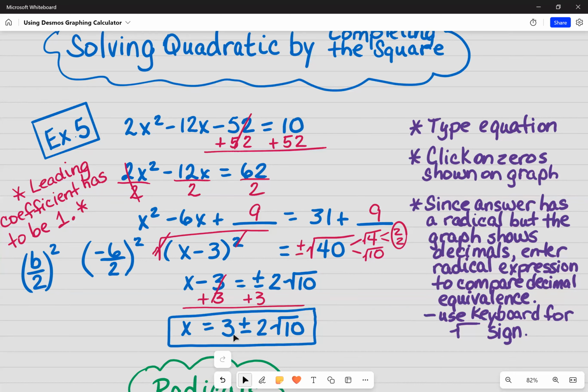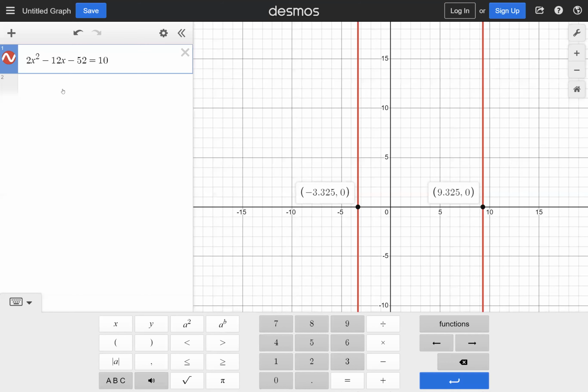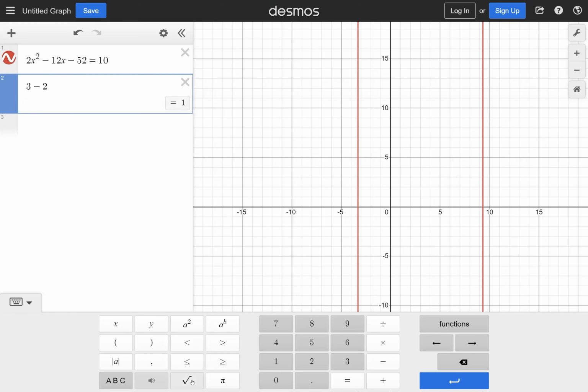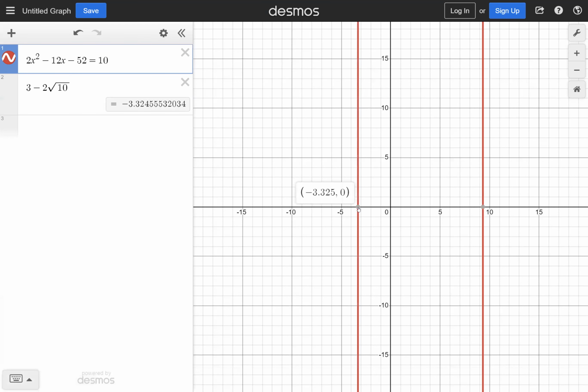What I am going to do is take the answer that I am trying to verify and type that in to see if I get the same decimal. So I'm going to actually do subtraction first. In order to get the radical, I go back to my keyboard and type in 10. I see that this equivalent decimal is negative, yes. So I see that is the correct one, negative 3.325.